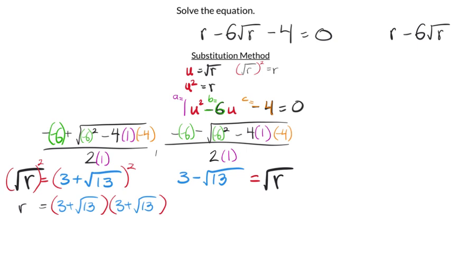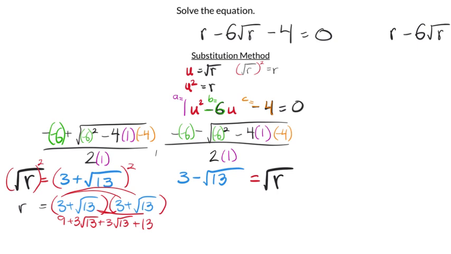Well, we can go ahead and start distributing now. So let's say 3 times 3 is 9. 3 times the square root of 13 is positive 3 times the square root of 13. And then also we have the same thing: the square root of 13 times 3 is 3 times the square root of 13. And then our final distribution, the square root of 13 times the square root of 13 is 13.